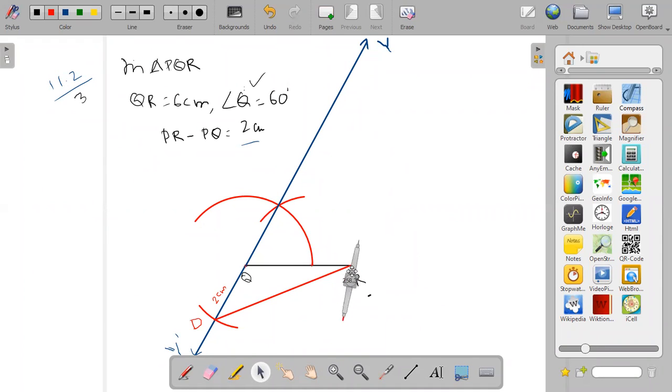Now at D and R, draw two arcs, an arc at D and R, on both sides of the line, this side and another side.